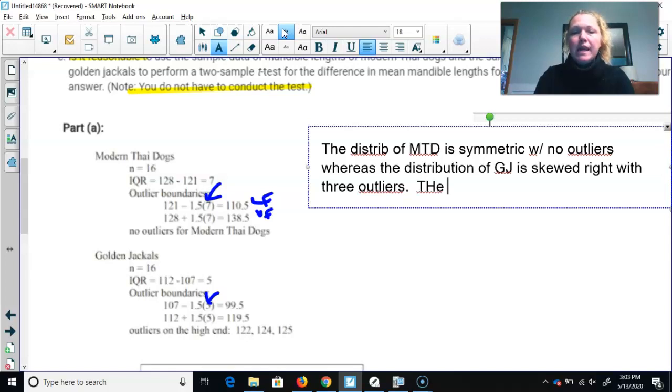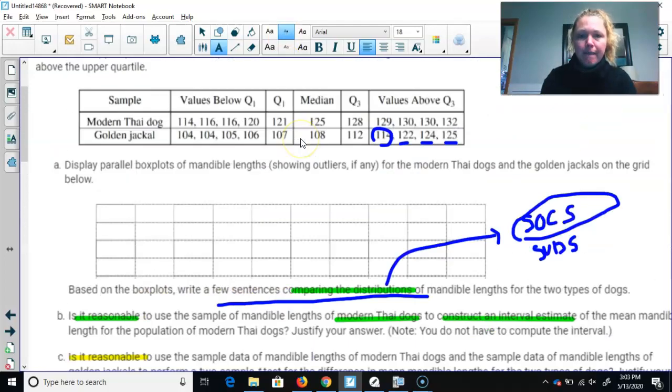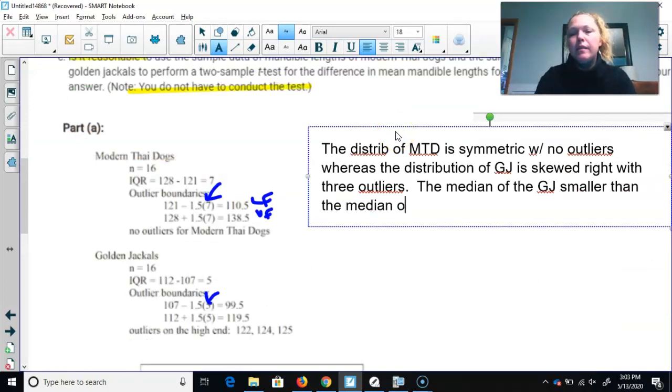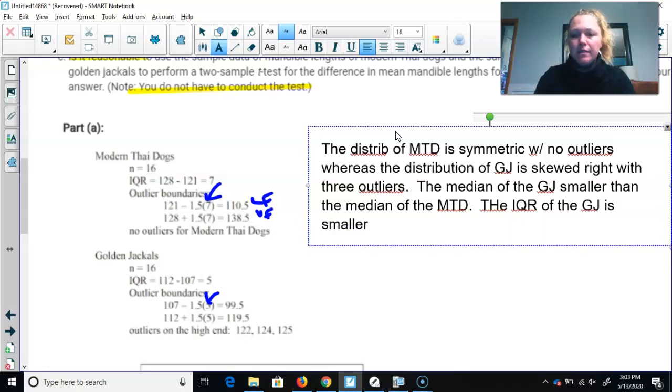Okay, the median of the golden jackal is, what do we say? Smaller than the median of the modern Thai dog. The IQR of the golden jackal is smaller than the IQR of the modern Thai dog. You would get full credit for that.